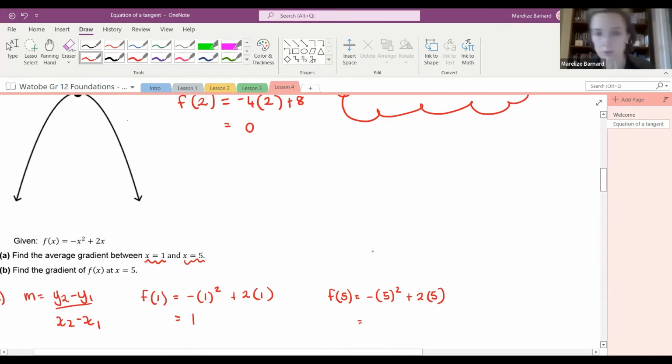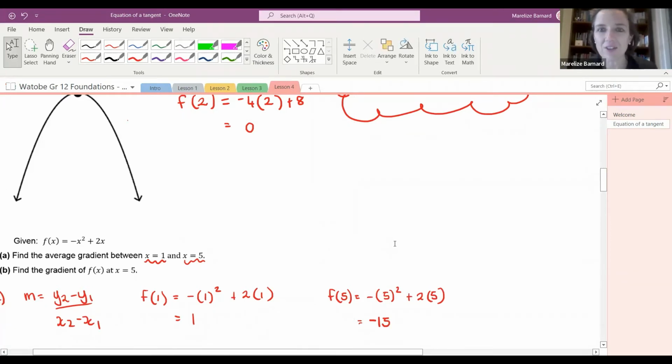So calculator work: put in a minus and a bracket and a 1 and a square. Type it in exactly as it is written. Don't leave out the bracket, because your calculator is actually very stupid, it doesn't think for itself. It only does what you tell it to do. So it will square the minus if you put the minus in the wrong place.